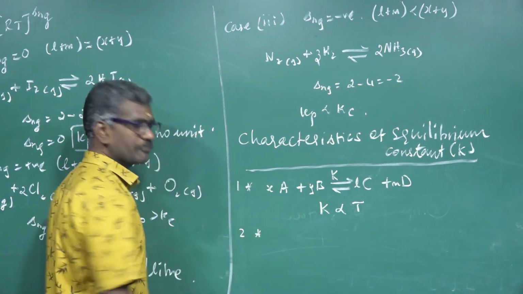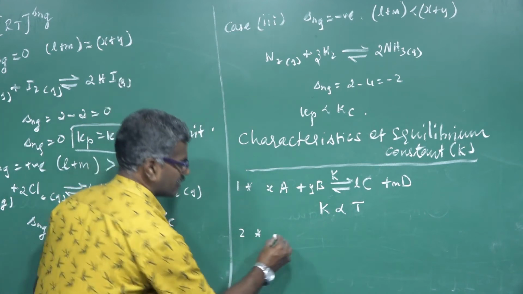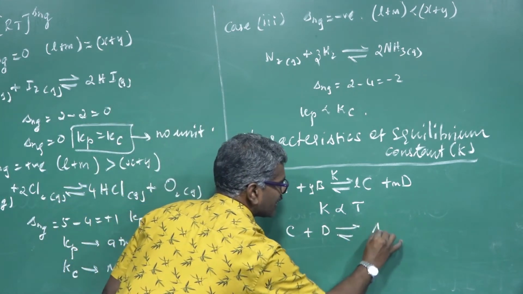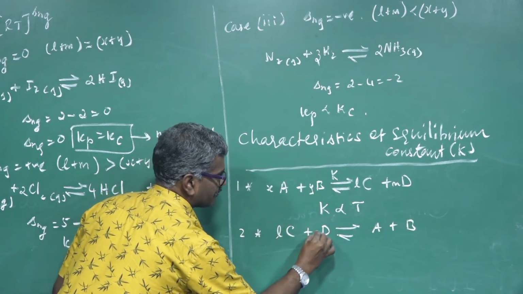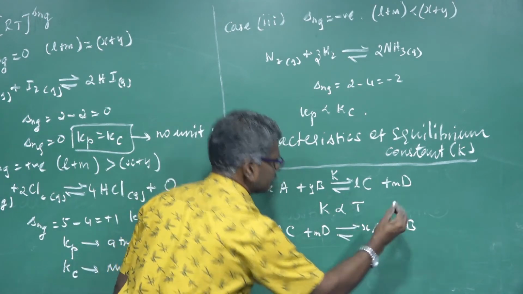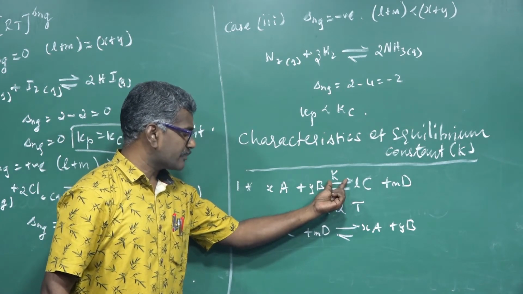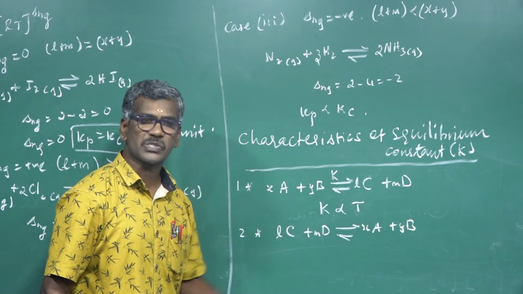Another, point number 2. If the chemical equilibrium reaction is reversed, that is C plus D in equilibrium with A plus B, with balanced equation L, M, X, Y, the value of the equilibrium constant is also reversed.